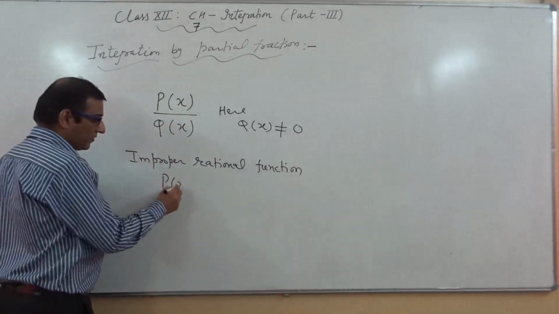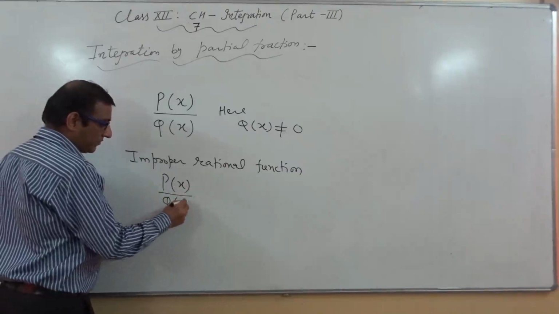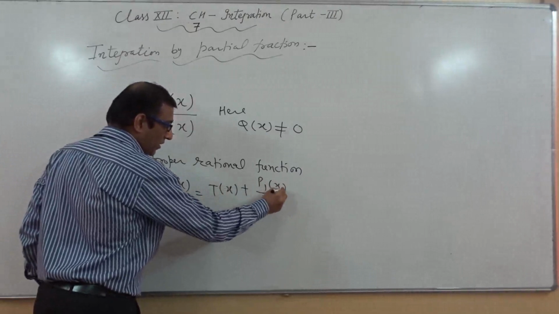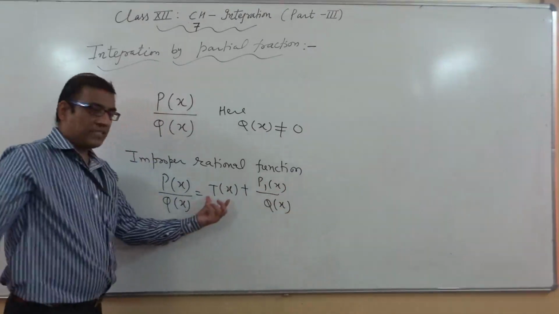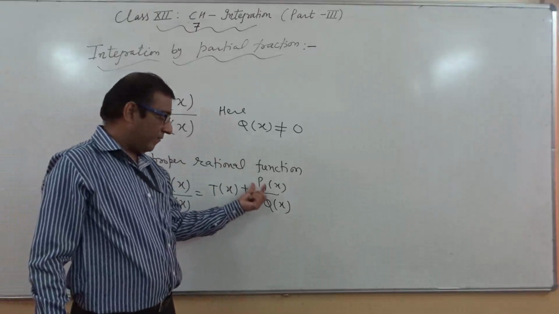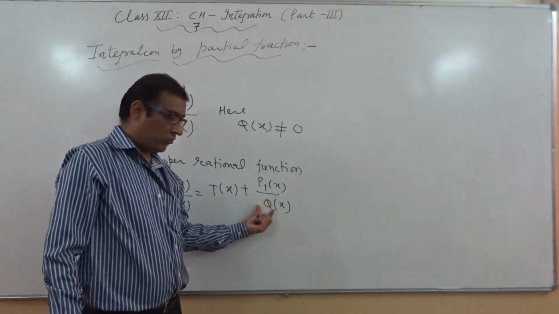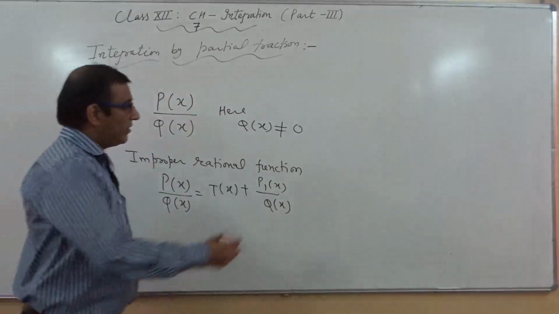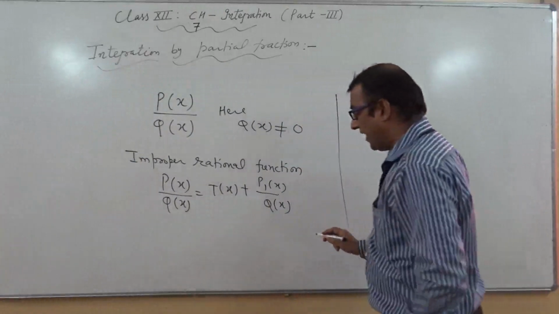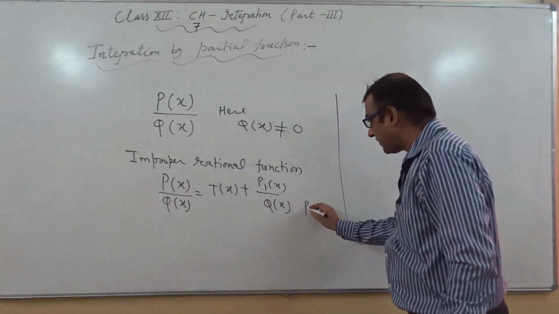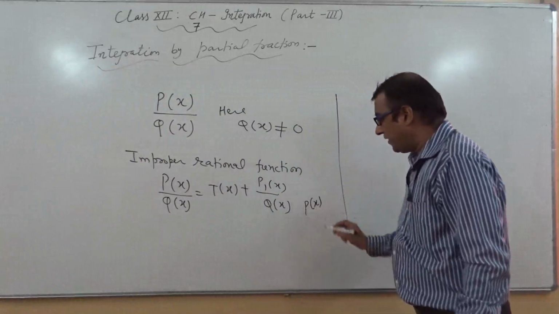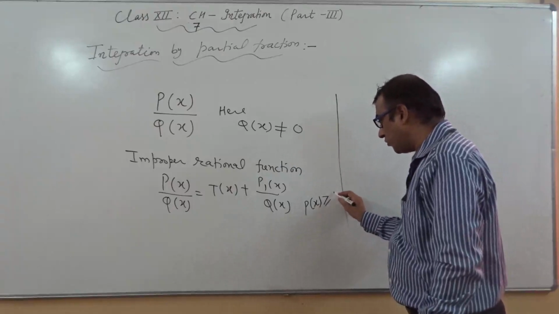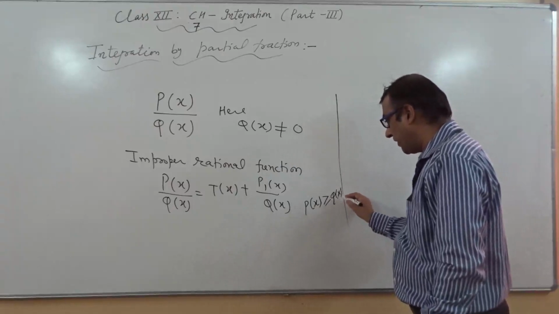It means it can be written as T plus P1 upon Q. Here T is a polynomial in variable x, and P1 upon Q, again both are polynomials. And it is possible when the degree of the P polynomial is greater than or equal to the degree of the Q polynomial.